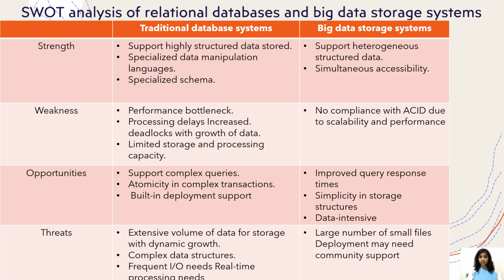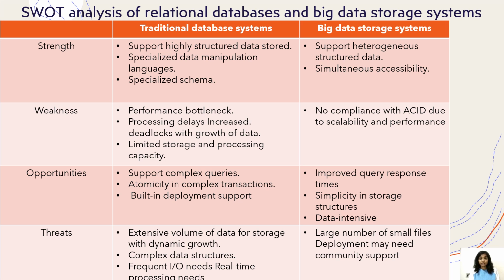So in this paper, they have discussed the SWOT analysis of relational databases and big data storage systems. This analysis is based on strengths, weaknesses, opportunities, and threats. Traditional database systems support highly structured data storage. Then specialized data manipulation languages are also available.